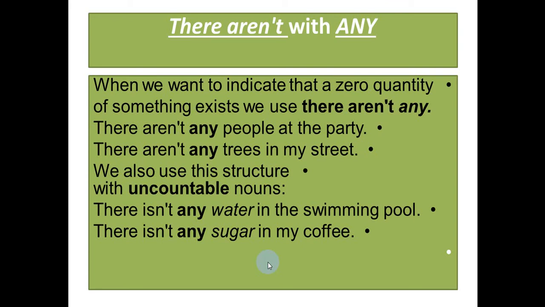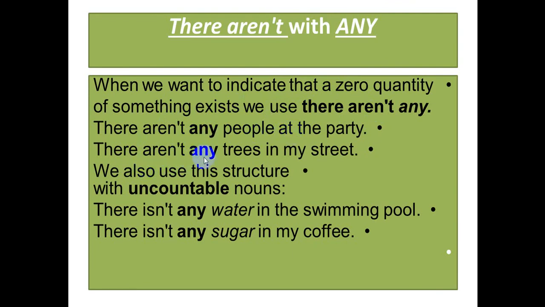There aren't with any. احنا كنا انه حتى any هي موجودة من ضمن some واني راح نجيهم. When we want to indicate that a zero quantity of something exists, we use there aren't any. For example, there aren't any people at the party.